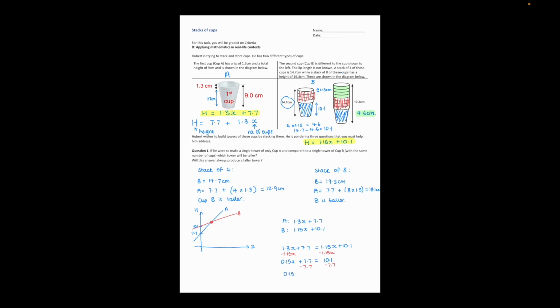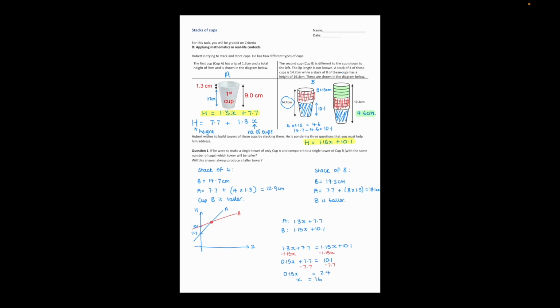And 0.15x is then equal to 10.1 minus 7.7, so 2.4. And then I'm going to divide by 0.15. 2.4 divided by 0.15 is equal to 16.